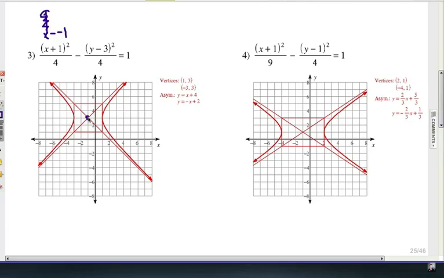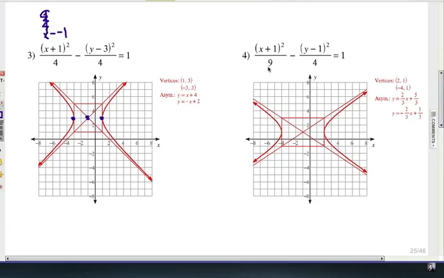So the center is located at (negative 1, 3). Both the a and the b values are 2, because that's 2 squared. So you go 2 to the right and left, 2 up and down, and draw your square. The diagonals are your asymptotes, and remember the vertex right here is where you draw your curve. So number 3 looks like that.